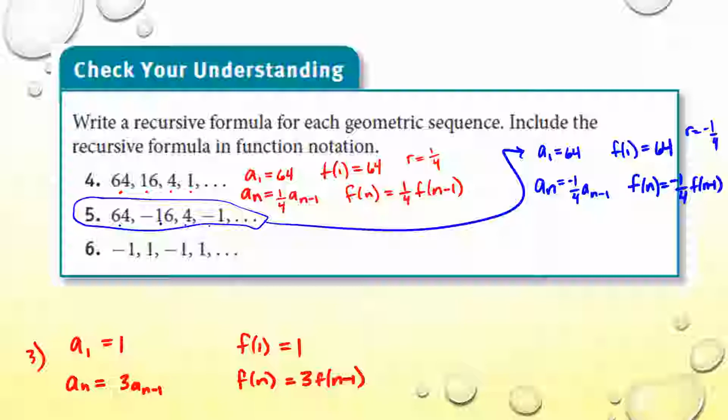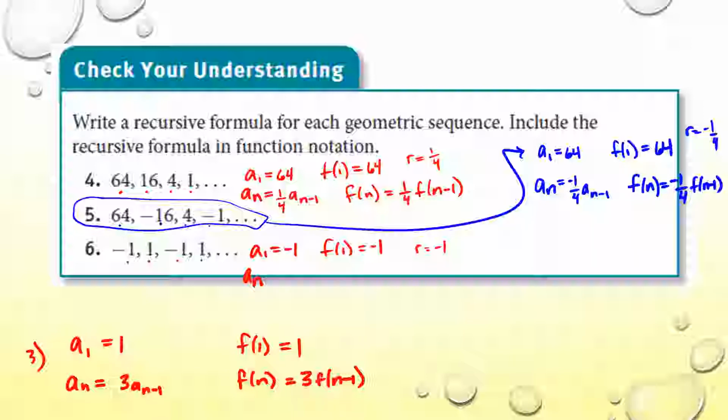So for number 6 here, it looks like we're just multiplying by -1 every time, right? So the first term is -1. The first term of the function is -1. The ratio is -1. That's what's getting multiplied every single time.